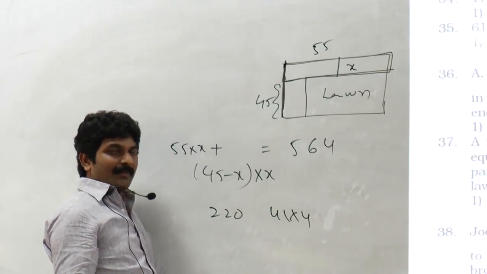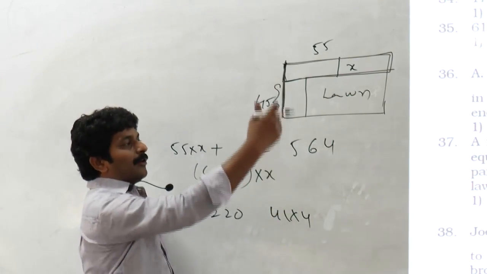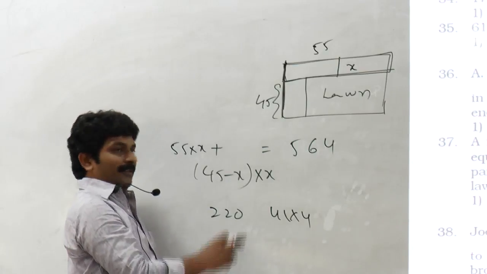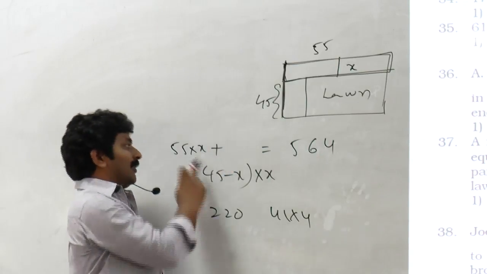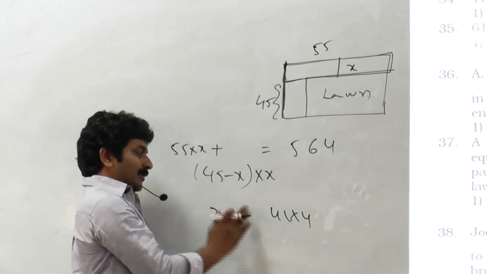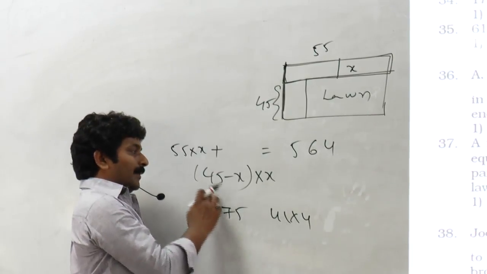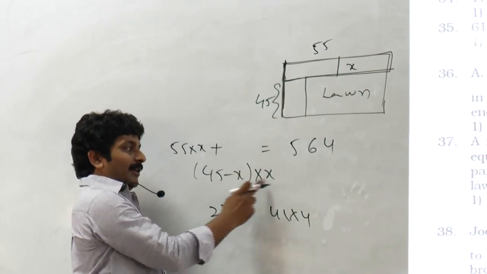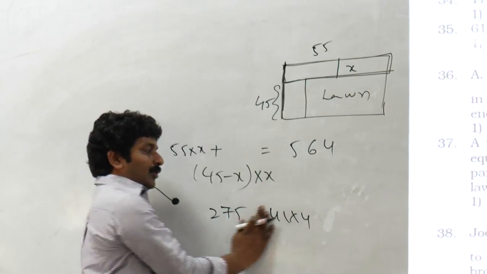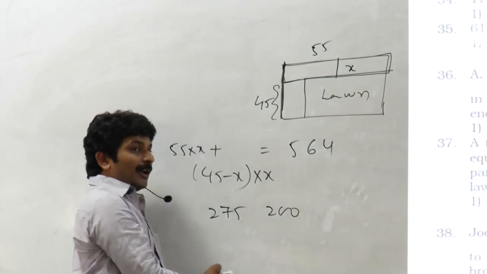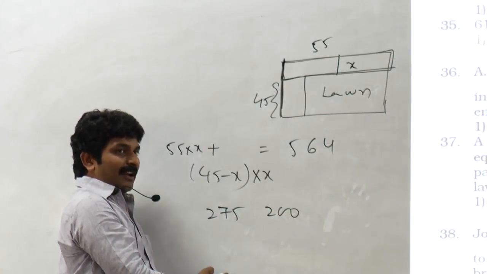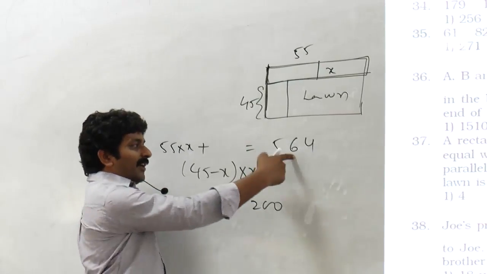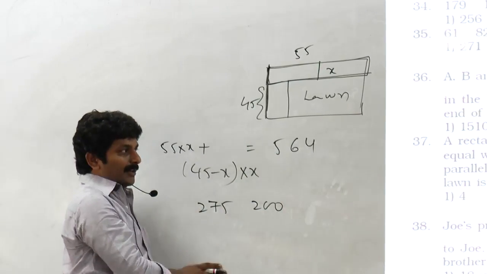So after 4, I'll go for 5. Next option, 5. 55 5 times, 275. This becomes 40. 40 into 5, how much is that? 200. Left hand side 475 and you have 564. It will be more than that.